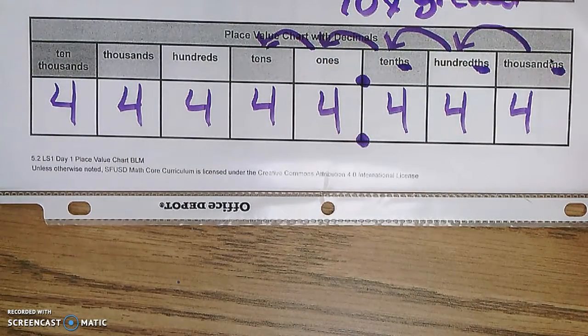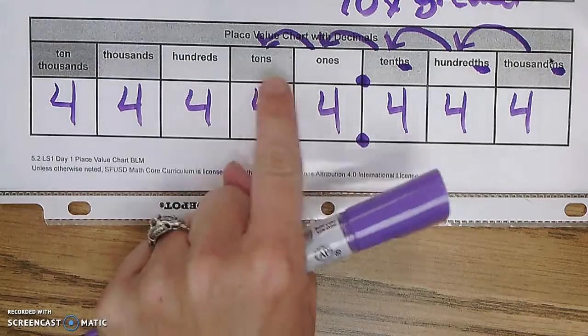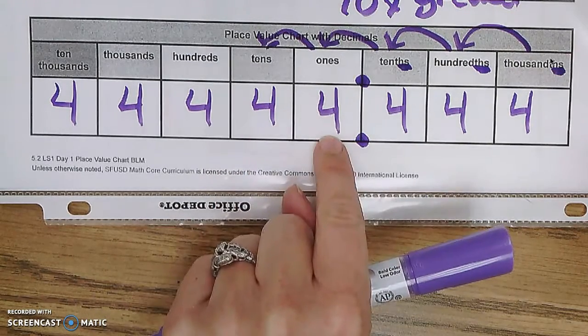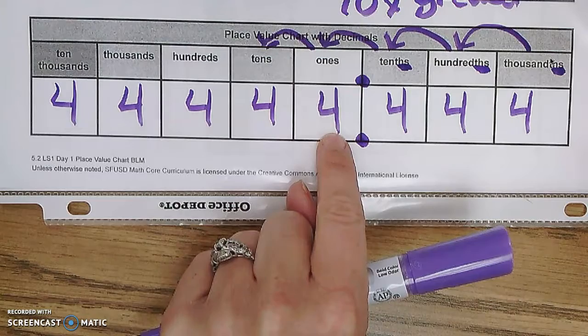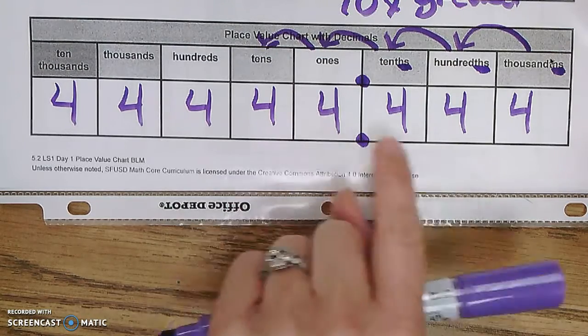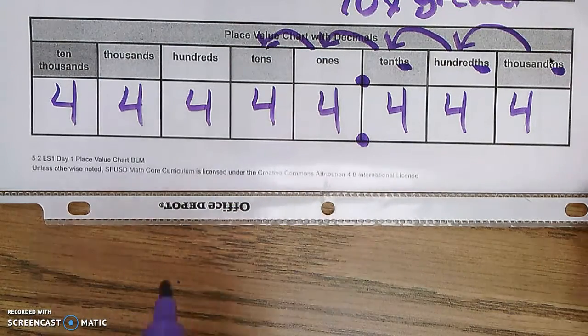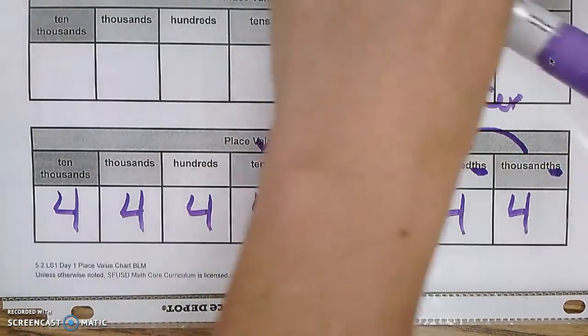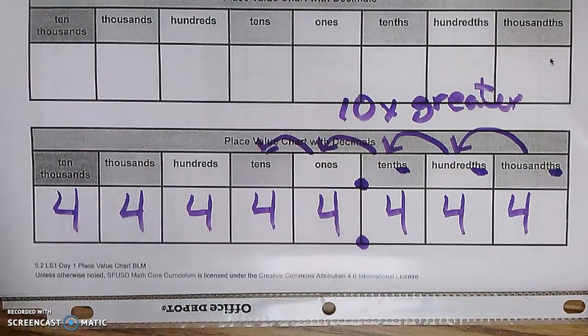So each place value that I move to the left is 10 times greater. So 4 tens is 10 times greater than 4 ones, and 4 ones is 10 times greater than 4 tenths. I'm going to use some of this space up here as scratch paper, so I'm going to ignore the extra place value charts up there.